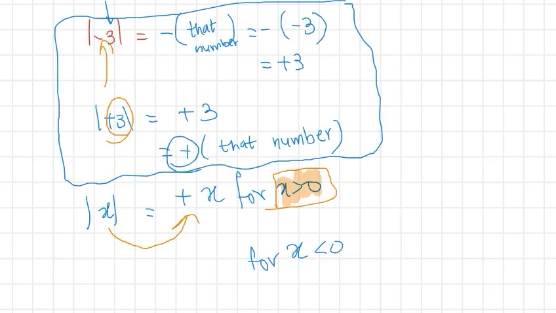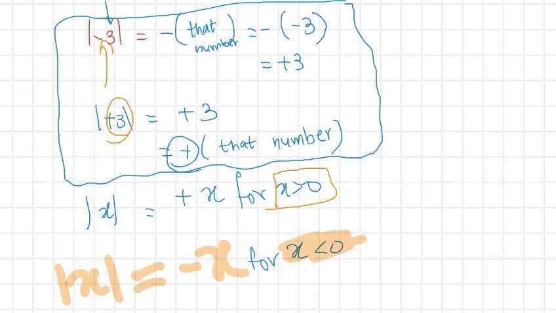If we say x is less than 0, a negative number, the answer will be negative times the inside number, which is x, for x less than 0.